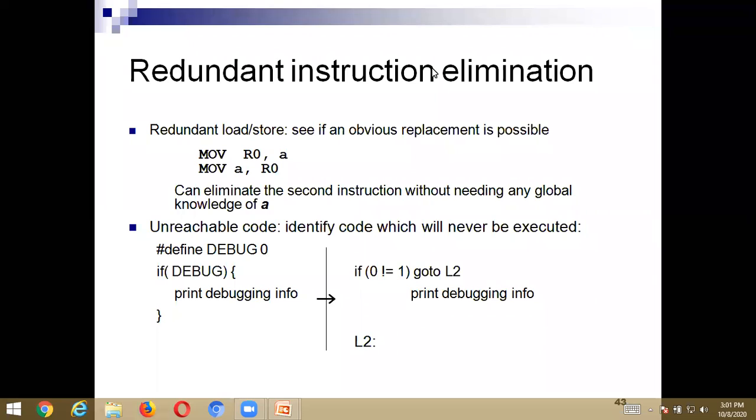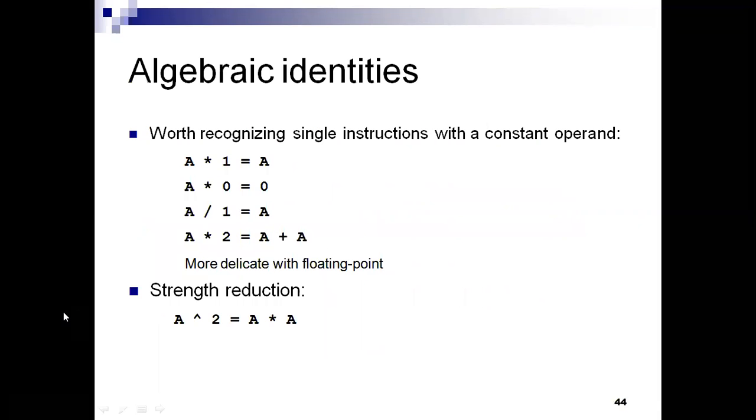The next transformation is algebraic identities. These can also be called algebraic simplification, and it is a very effective technique in peephole optimization.